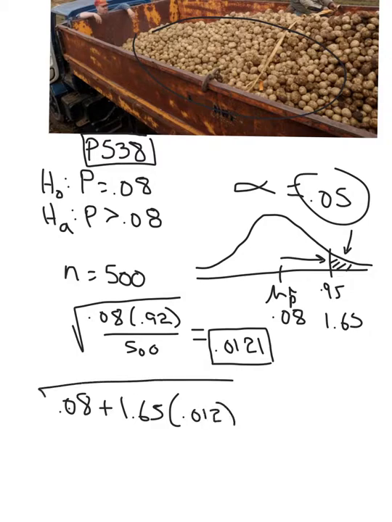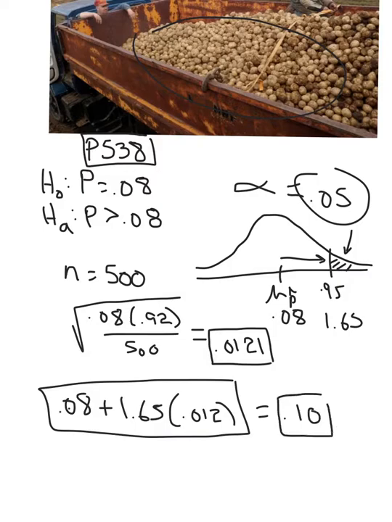And what I get for this is 0.099999, so it's basically 0.10, okay? So that's my cutoff point. That's where I am right here, at this spot. So I say, if I take a sample and I get 10% or more bad potatoes, I think that there's a problem with this truckload of potatoes, okay? So there's that.